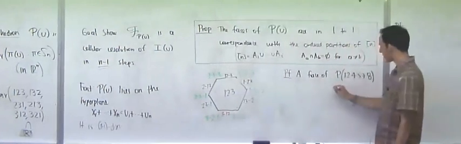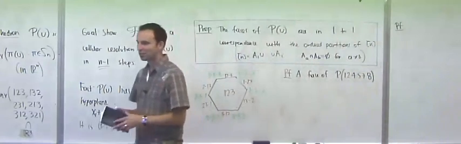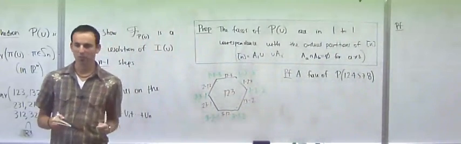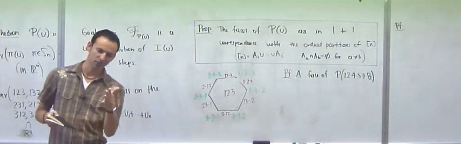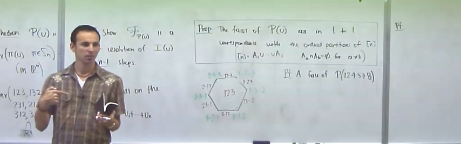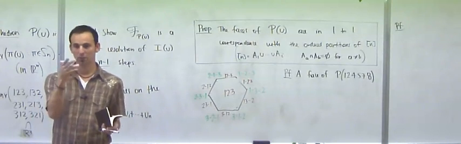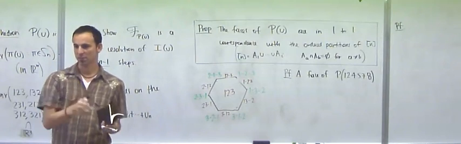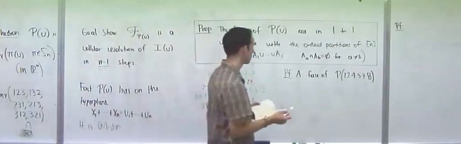So how do I specify a face of this thing? Remember that a face now means something very precise to us. It's no longer that thing that we look at over here. A face is what's given by a linear function. You choose any linear function, you see what vertices maximize that linear function, and those are going to determine your face.